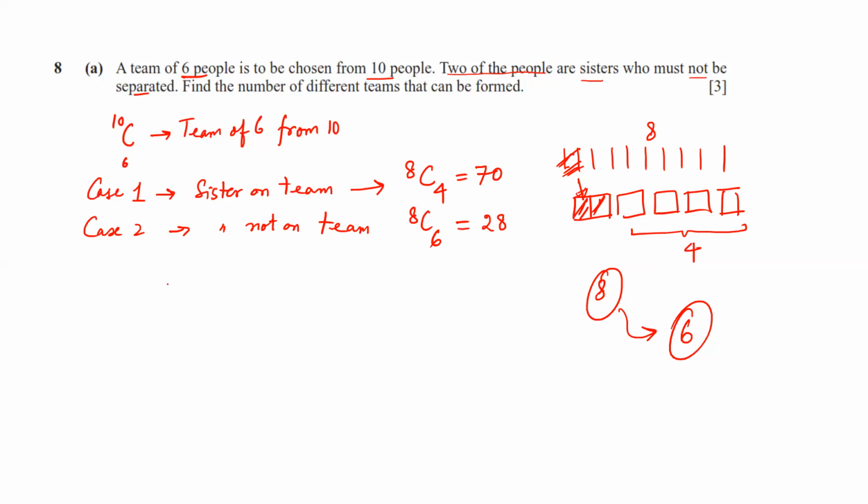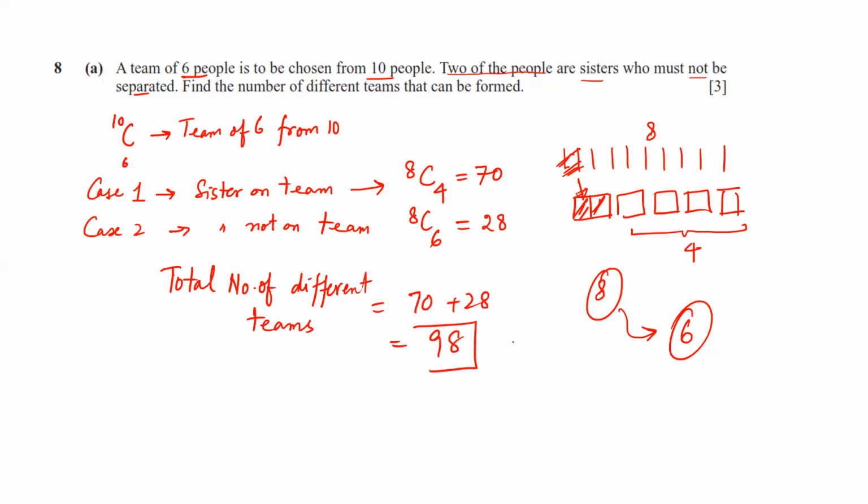So the total number of different teams with or without sisters will be 70 plus 28. It will be 98, and this will be my answer.